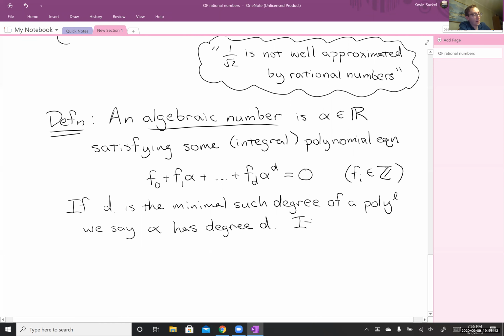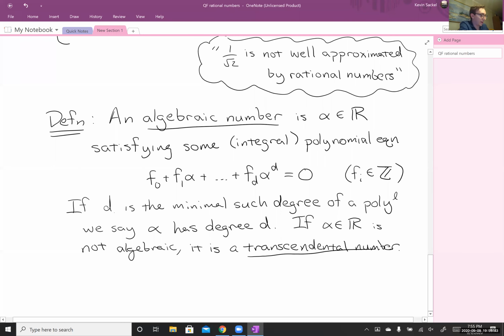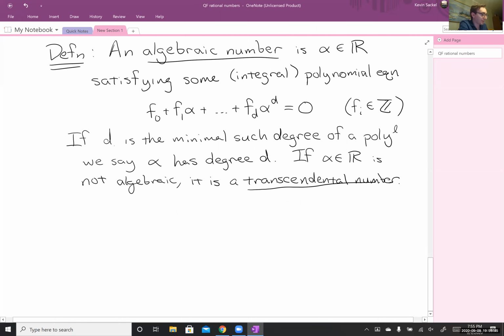And if alpha in R is not algebraic, it is, much like the great philosophical thinkers of the late 1800s, said to be a transcendental number. So these are the numbers that had a cabin on Walden Pond. Okay.